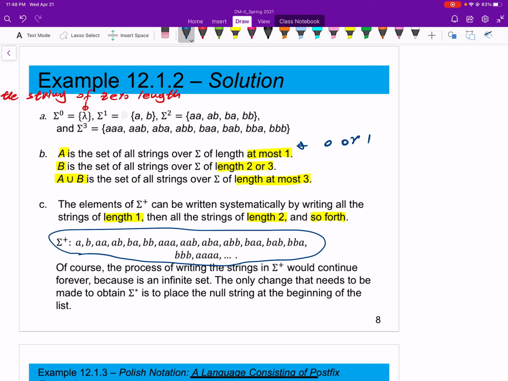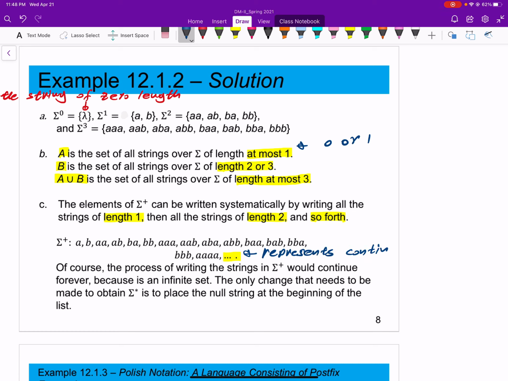There are infinitely many, so you just write a few of them and then put these dots to show it is not the end. These dots represent continuation.